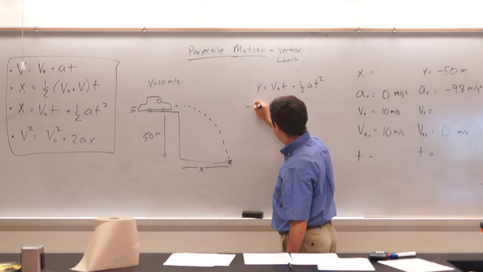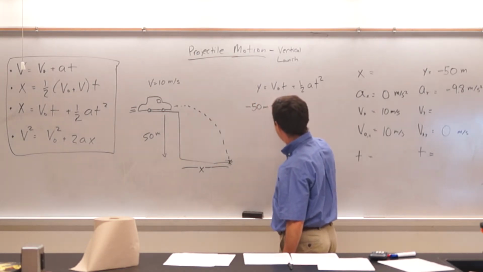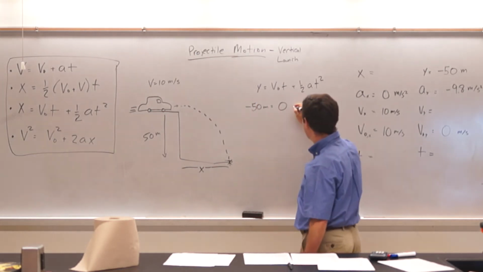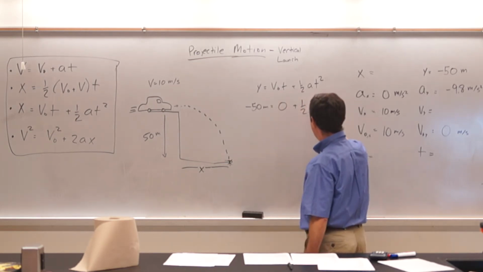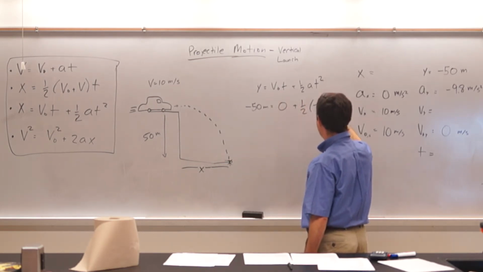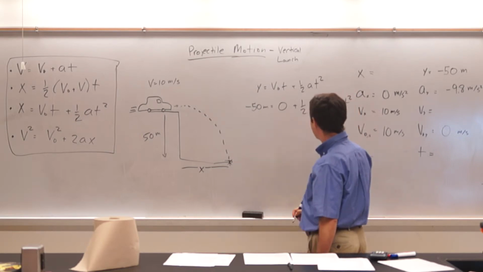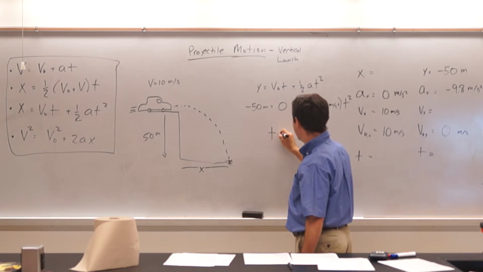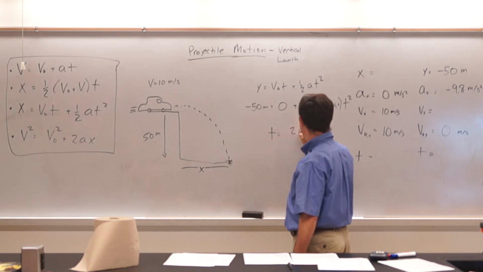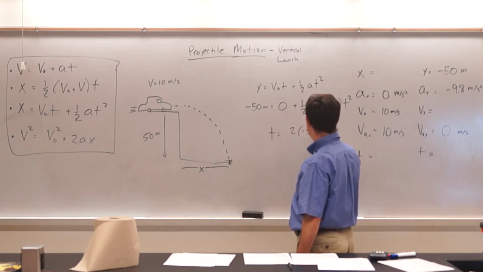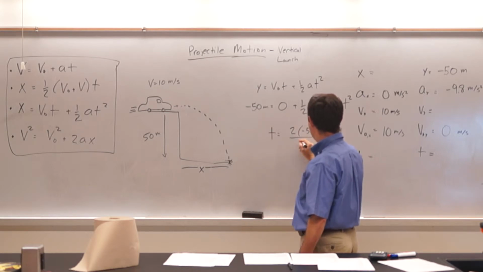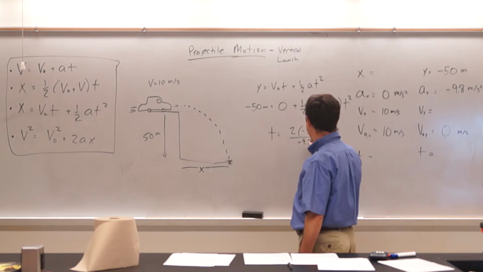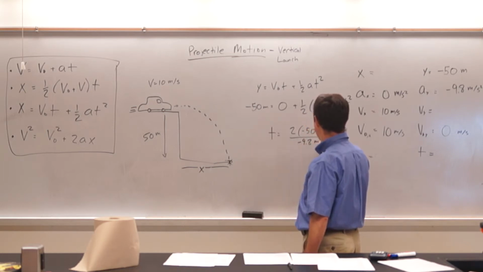And we know y is negative 50 meters equals 0, because that velocity is 0, plus 1/2 acceleration, negative 9.8, t squared. So t squared ends up equaling 2 times negative 50 divided by negative 9.8 meters per second squared.